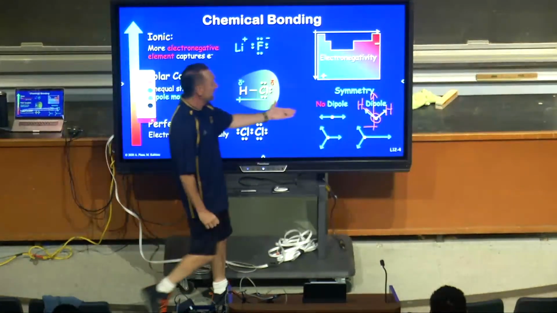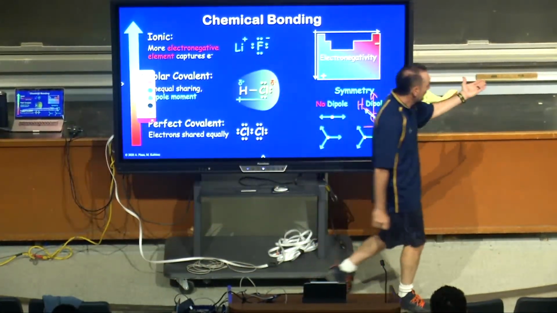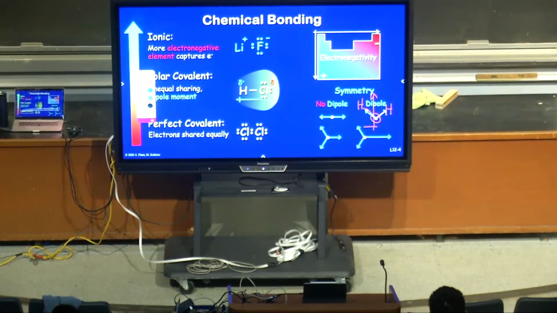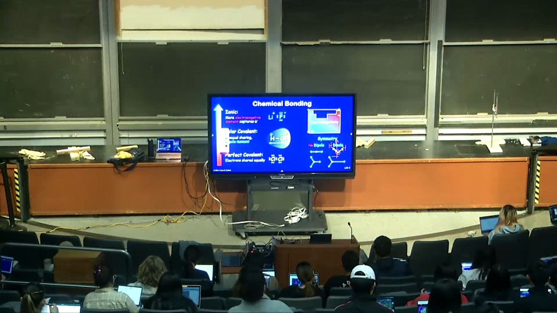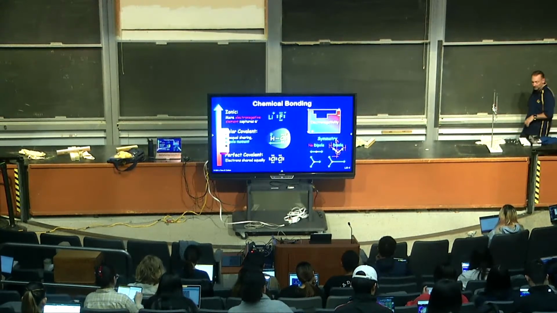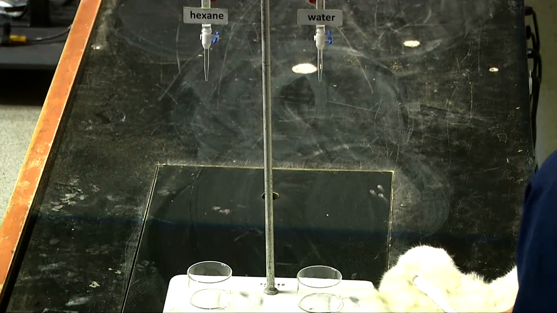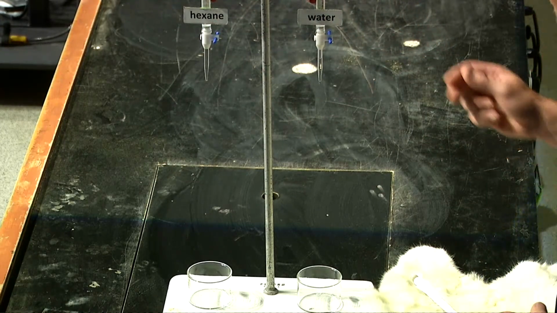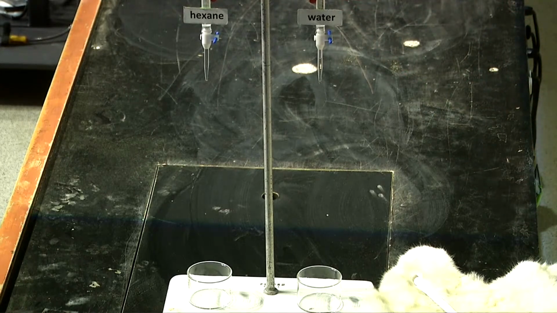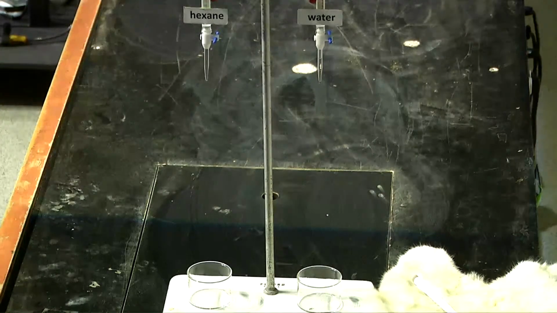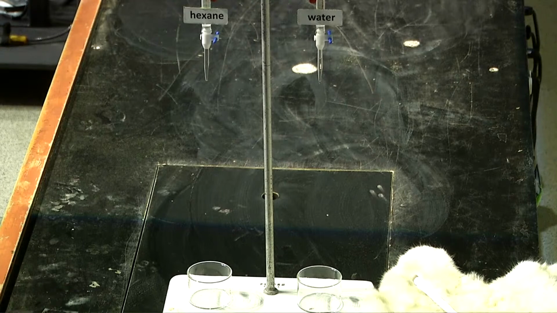So can we detect that? Well, remember almost the first day of class and a couple times since then, we've done this experiment. If we could look at camera 4 here and the two compounds, water and hexane. We now know that since the water molecule has that configuration, it's bent, it has a permanent dipole moment, so there should be some partial positive and partial negative charge involved.